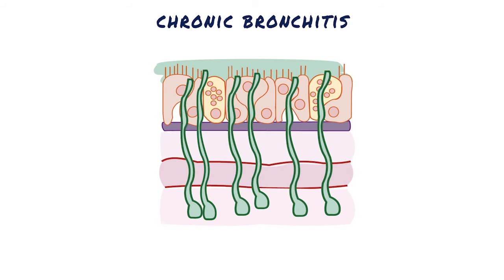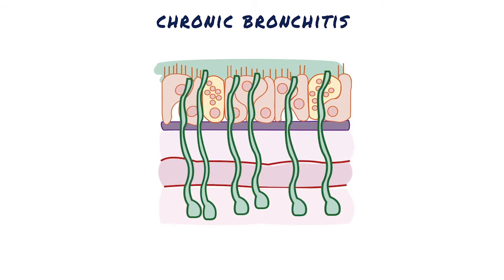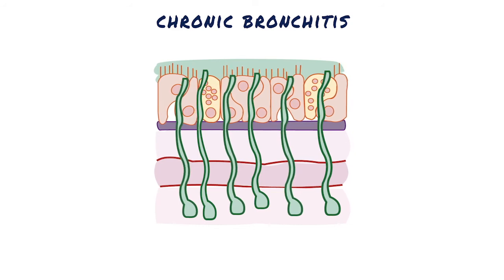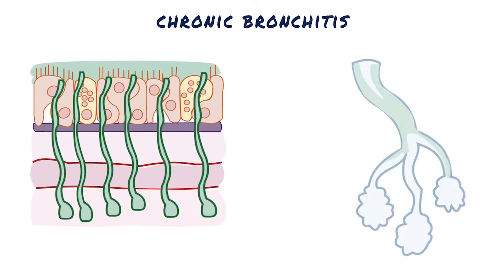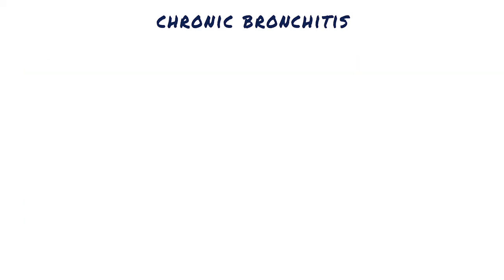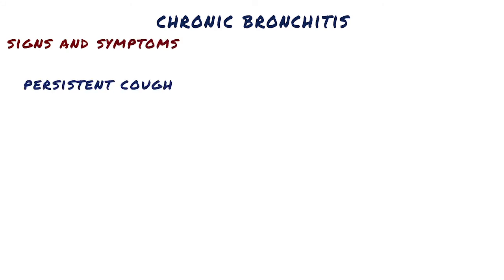With time, there is also a marked increase in goblet cells in small airways, small bronchi and bronchioles, leading to excessive mucus production that contributes to airway obstruction. It is thought that both the submucosal gland hypertrophy and the increase in goblet cells are protective reactions against tobacco smoke or other pollutants.